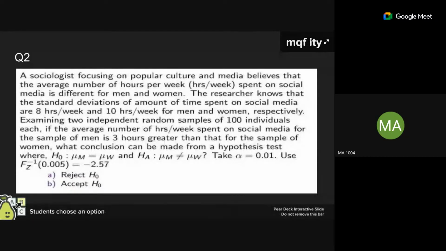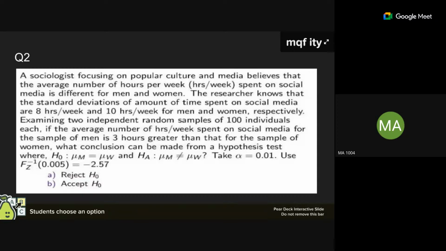So the next question is, a sociologist focusing on popular culture and media believes that the average number of hours per week spent on social media is different for men and women. The researcher knows that the standard deviations of the amount of time spent on social media are 8 hours per week and 10 hours per week for men and women respectively.